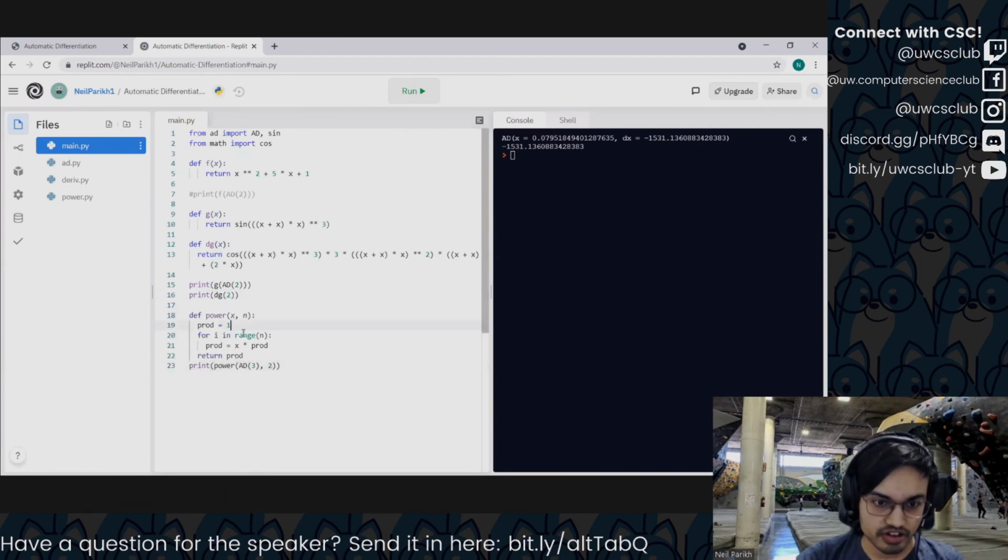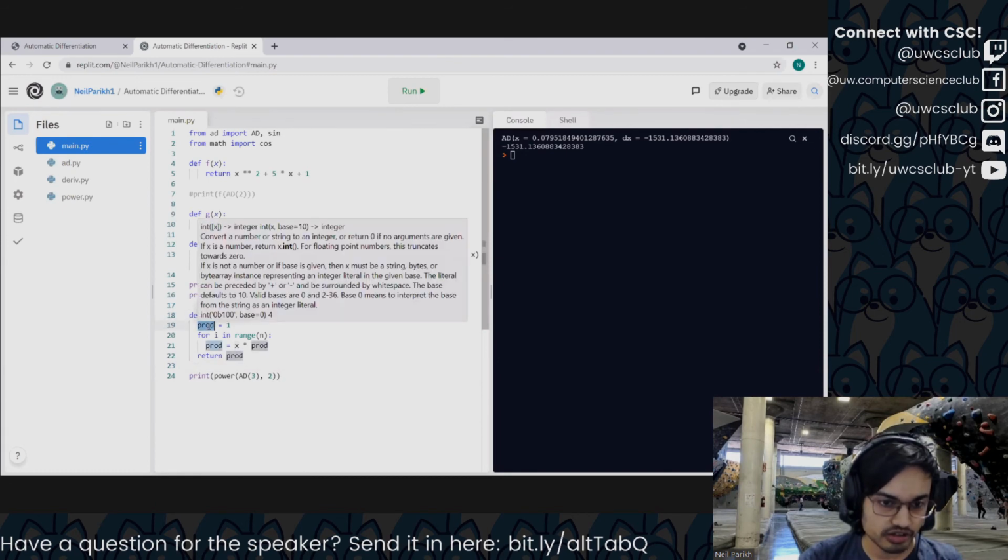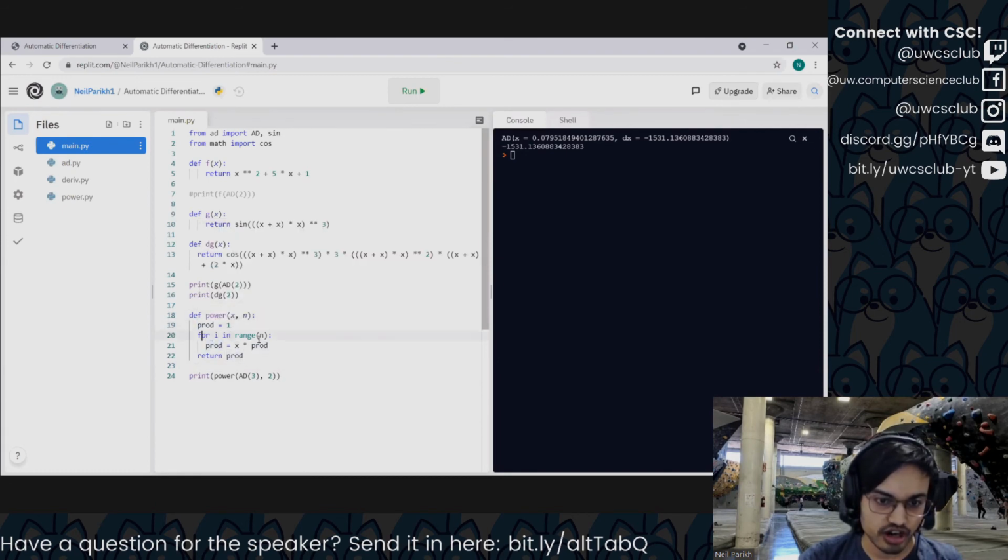So I've written a power function, and the power of x is pretty simple. You have a result variable called prod, and for i in n, you multiply the product by x and return the product. So this is how you'd implement power, and I want to find the derivative of this.